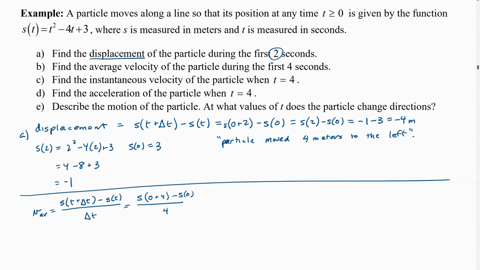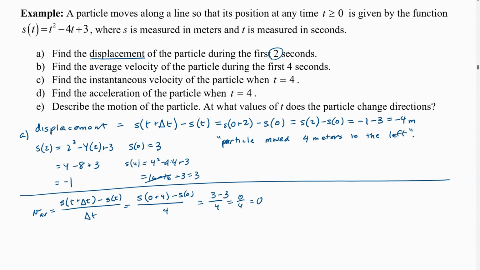I'm going to need to know what is S of 4. That's going to be 4 squared minus 4 times 4 plus 3. 16 minus 16 plus 3. Looks like it's just 3. So how about 3 minus 3, over 4. Oh, 0 over 4.